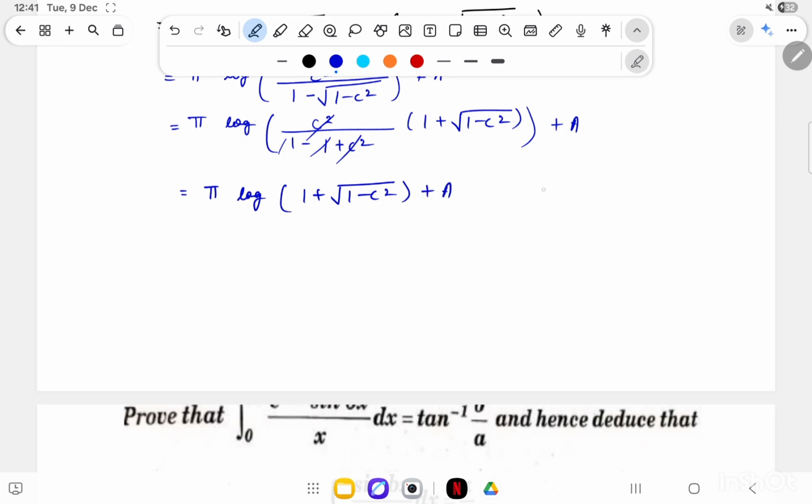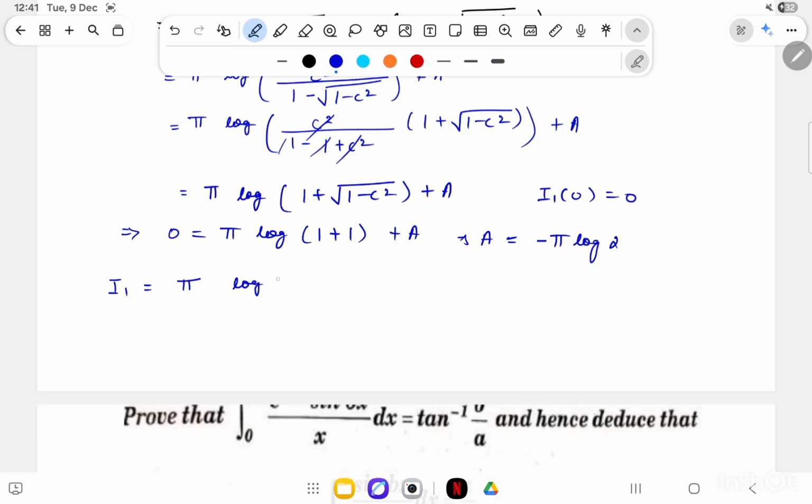We have evaluated that I1 at c equals 0 is 0. So from here 0 equals π log 1 plus 1, plus a. So we get our a as minus π log 2. So our I1 will be basically equal to π log 1 plus square root of 1 minus c square, minus π log 2.